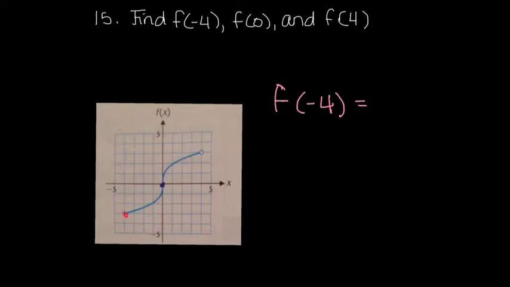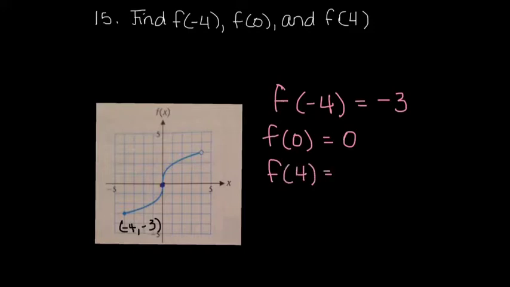If I come down, this is the point that corresponds to that point on the function. So that is the point negative 4, negative 3, which means that f of negative 4 is equal to negative 3. Similarly, f of 0 is going to equal 0, because if I find where x is 0, y is also 0 there.